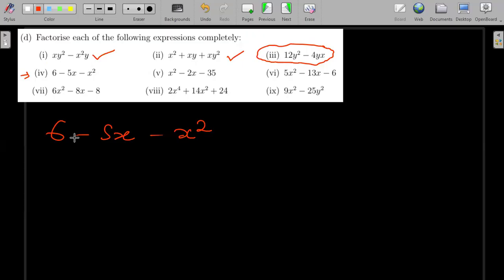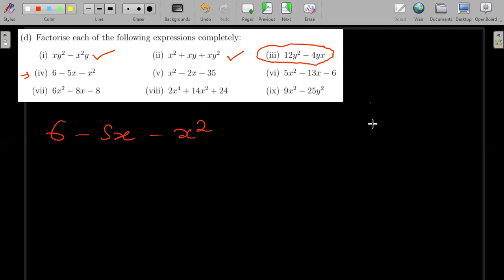Two, we can factorize using the factorization method. Three, we can factorize using the factor method. The one that is very simple is completing the square, but we're not going to use that today. We're just going to use the factor method, the one that you know.